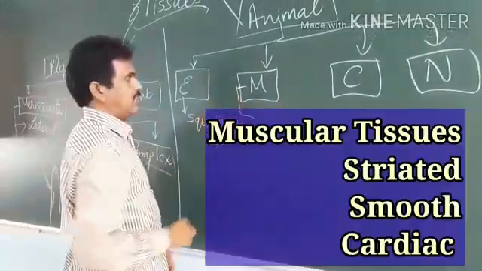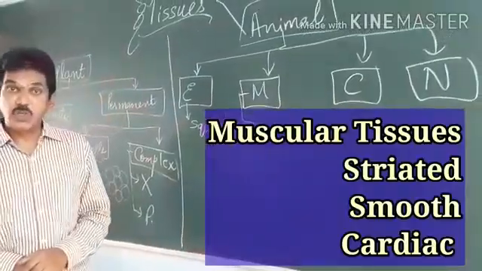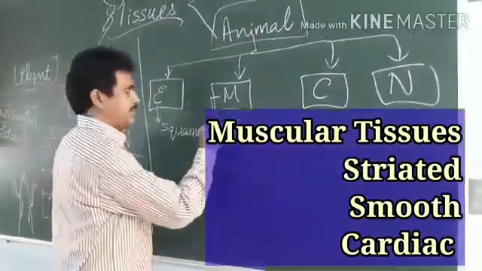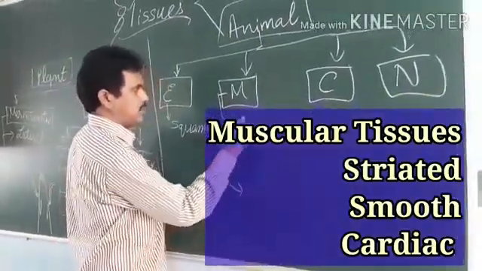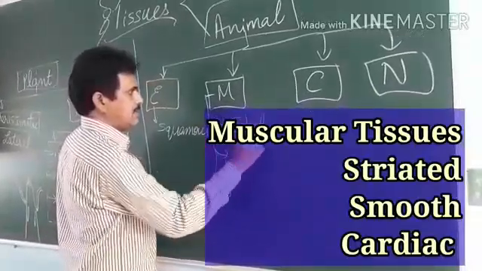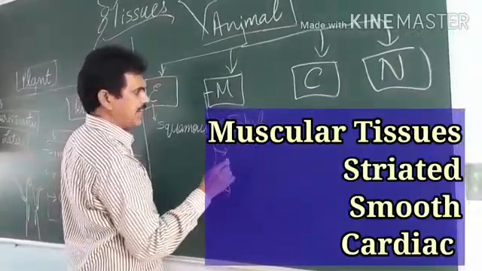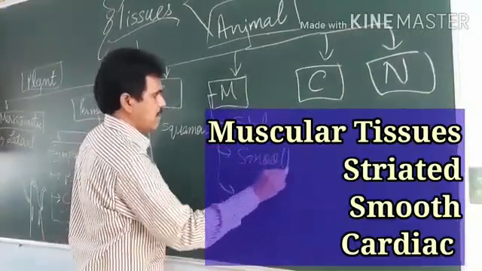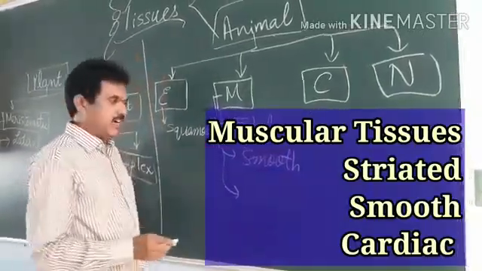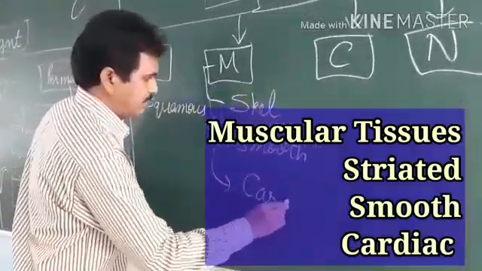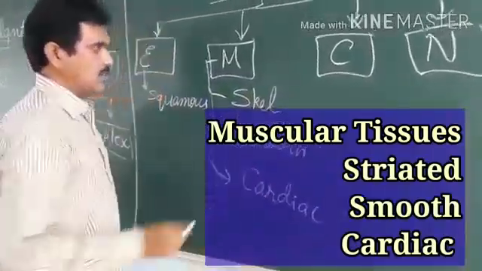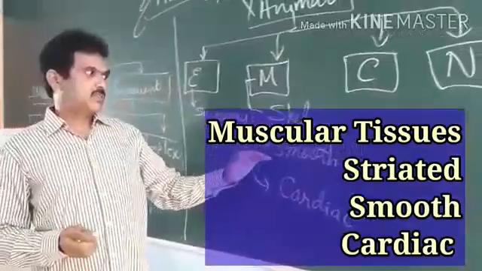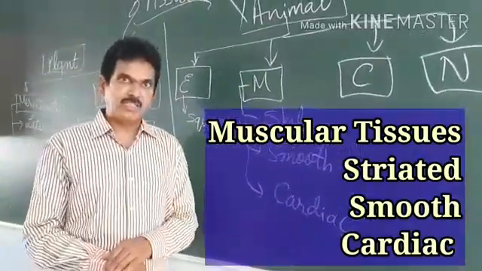Then there was an interesting part, that is the muscular tissue. There are three different types of muscular tissues: the skeletal muscles, the striated muscles, the smooth muscles, the involuntary ones, and the cardiac muscles, right? So striated and smooth and cardiac muscles.